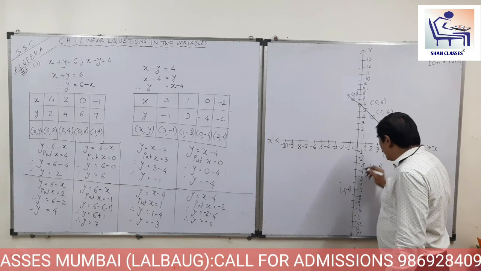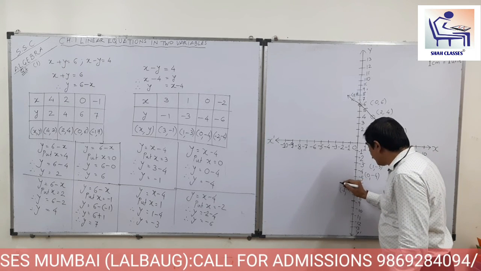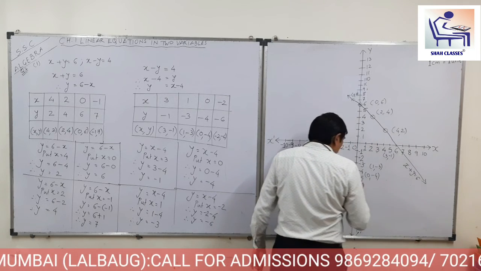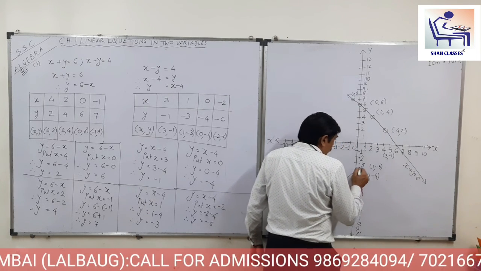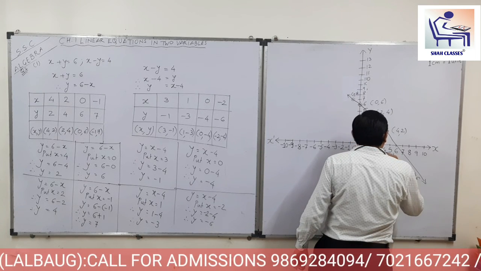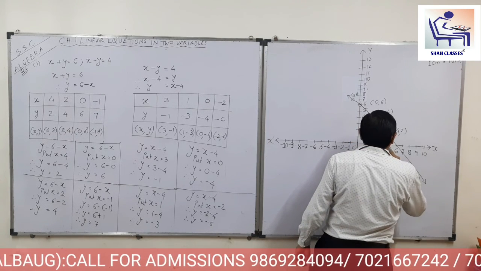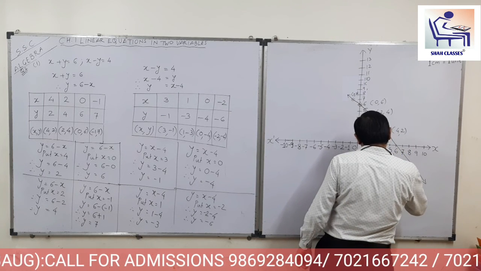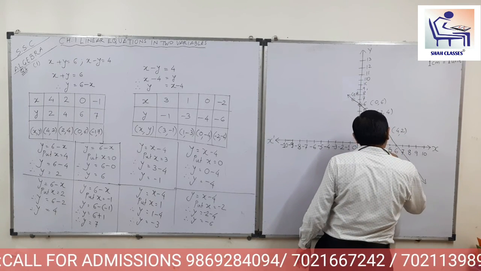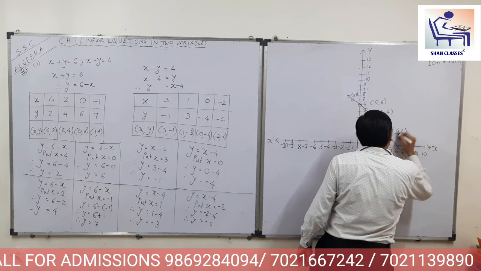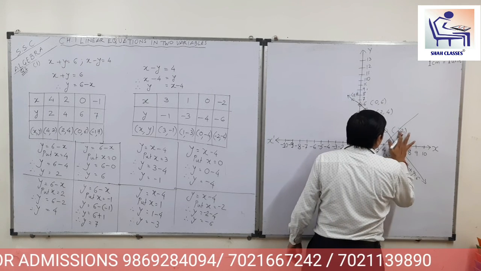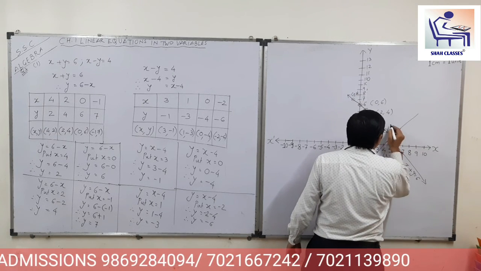Okay. So we have to join these points once again. Please draw with the ruler. Okay, we got this line. I'm just writing here 4.